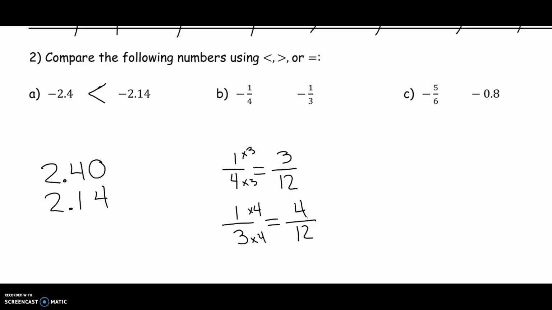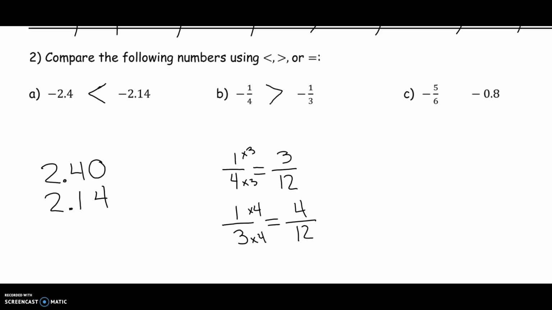So again, 1/3, if it were positive, would be larger than 1/4. So I know it has to be the opposite, which means that -1/4 is actually further to the right on the number line, so it is the larger number compared to -1/3.